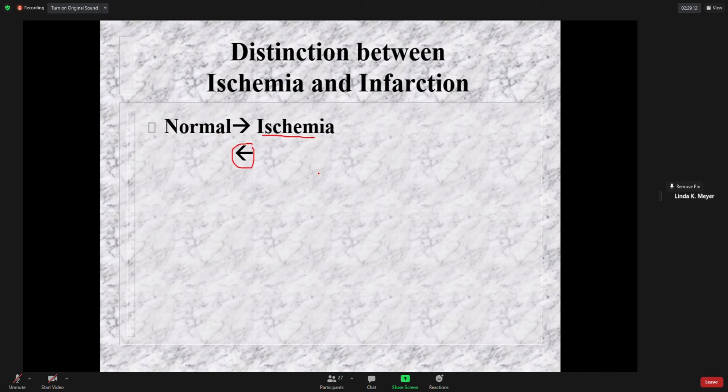Or if a person's having a TIA in the brain, that's reversible.